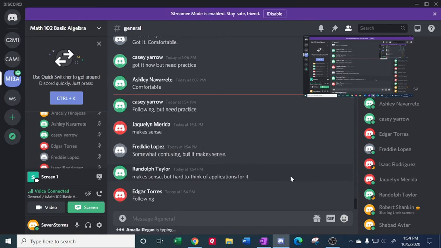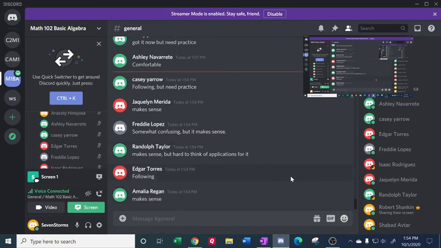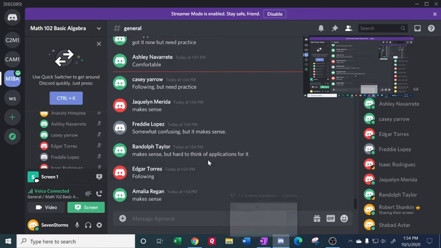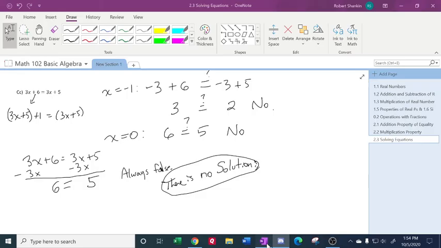But hard to think of applications for it. Alright, that's a good point. Makes sense. Need practice. I see that now. Hard to think of applications for it.